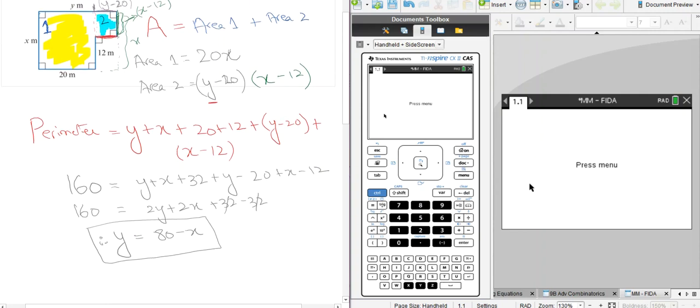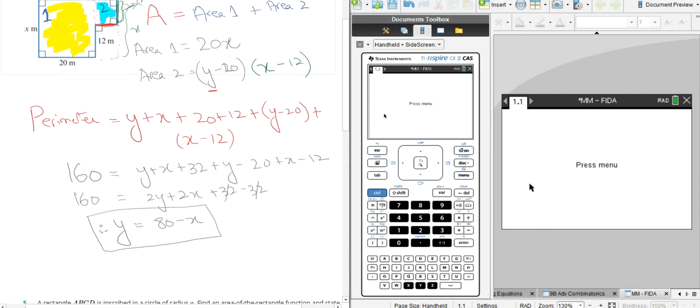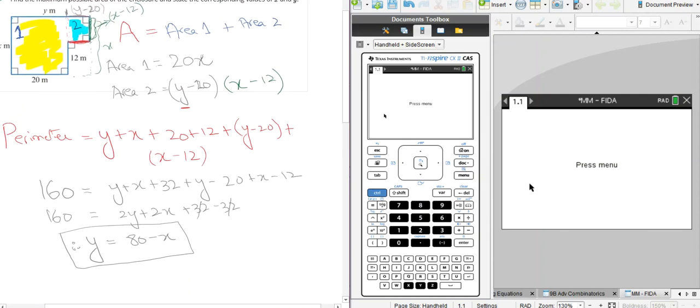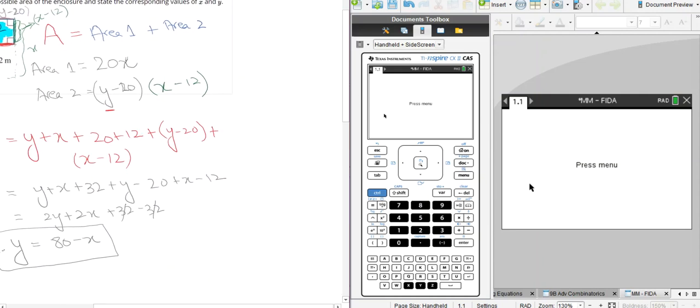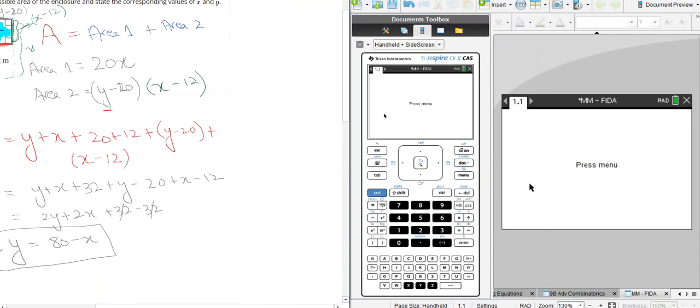Let me rewrite that underneath. Let me go to the side, so we'll lose focus of our diagram. So area 1. Remember, A in terms of x, area 1 was 20x.